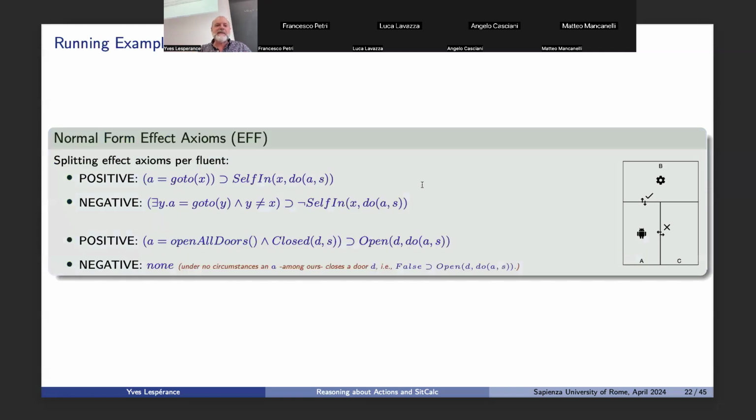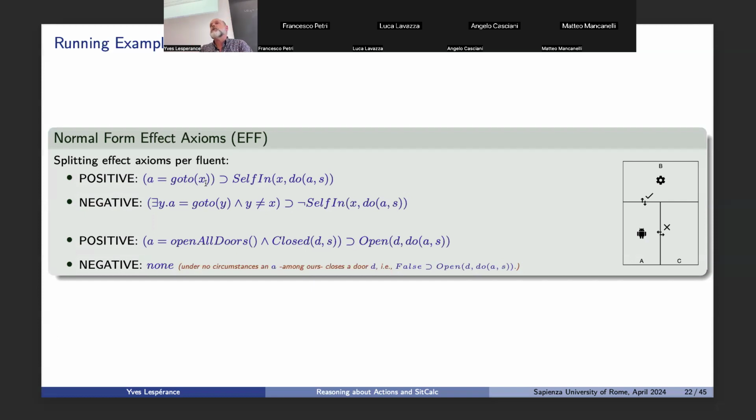So let's look at our example. We want to write the normal form effects for self-in. On the right hand side, we want self-in(X, do(A, s)). When does this become true?